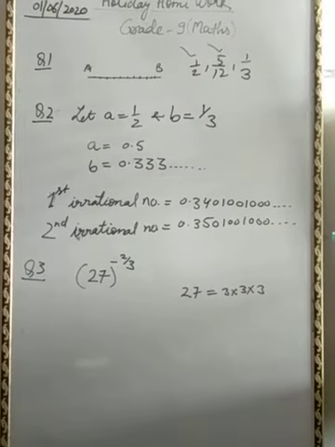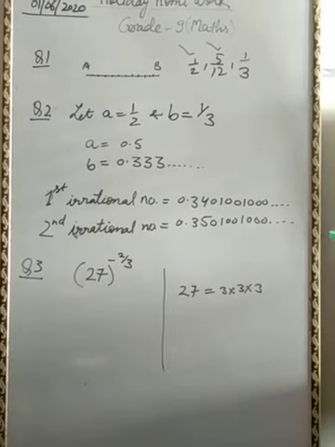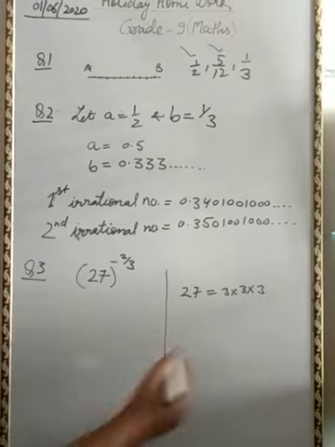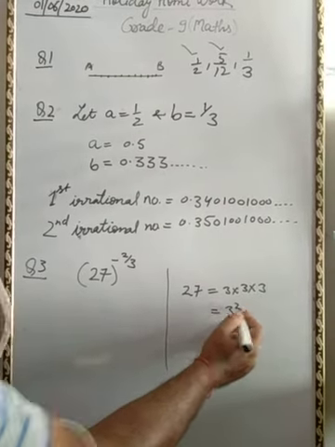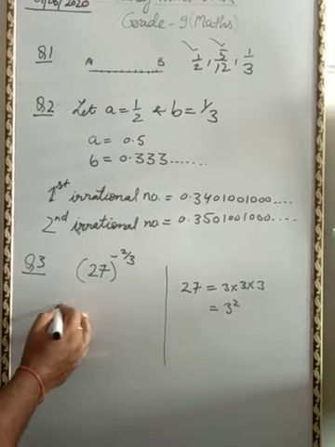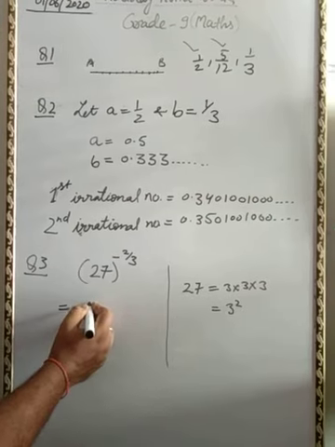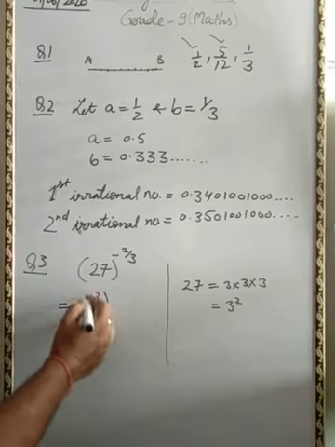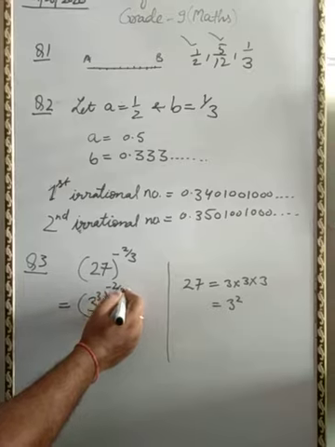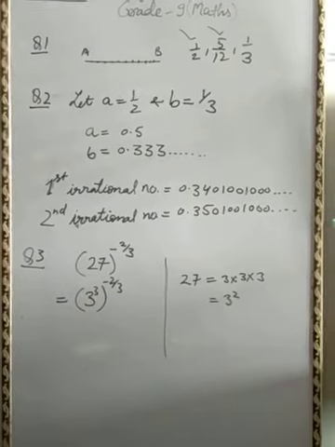These are the prime factors of 27. Means this is 3 power 3. So directly instead of this 27 we can write 3 power 3, the whole to the power minus 2 upon 3. It is given as the power.